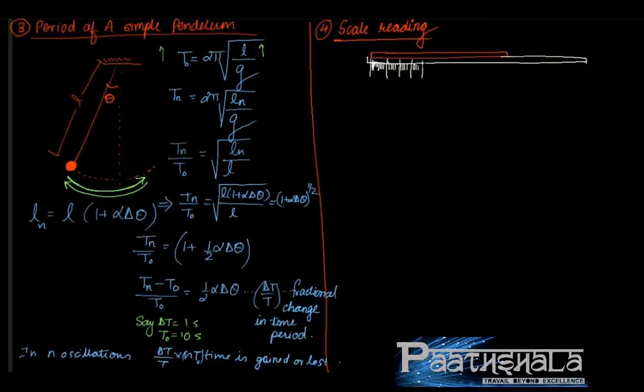This is the scale, you can say. Let me draw it like this. This is the linear object. The scale has been placed against the linear object.